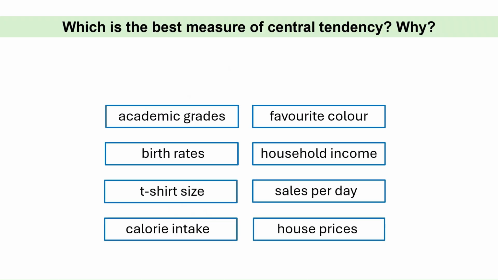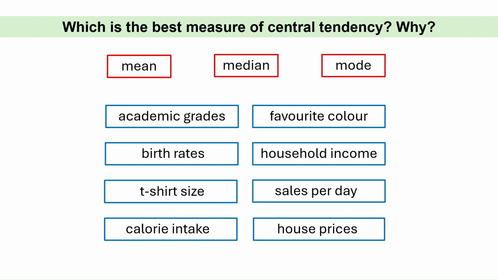Let's consider these scenarios to see which is the most appropriate statistical average to use. In the case of academic grades, such as A1, A2, B3, and so on, it may be more appropriate to use mode for comparison. For example, if most students scored B3, then the mode would be B3. We can also use mean for comparison.